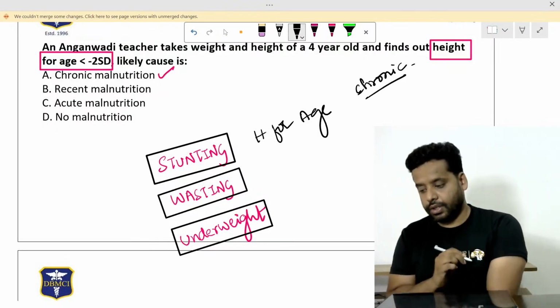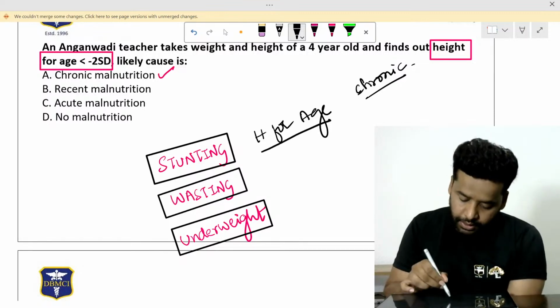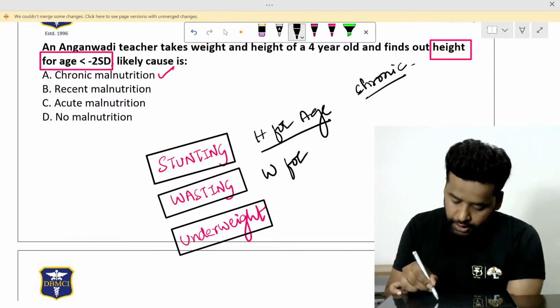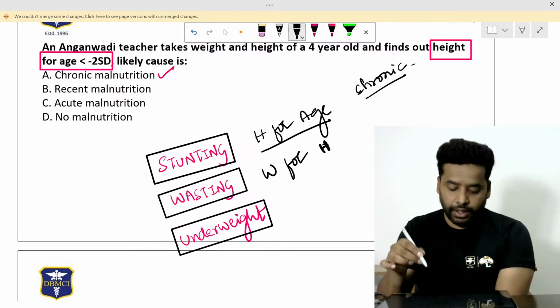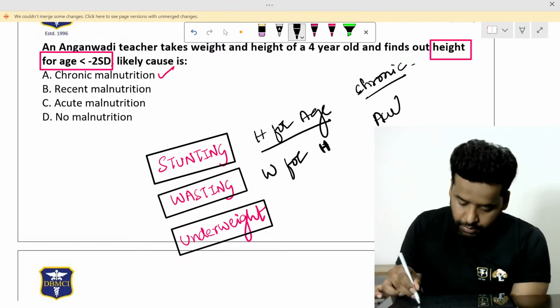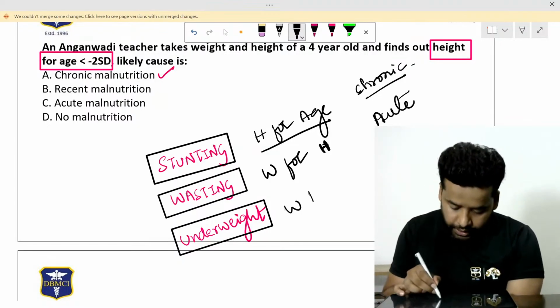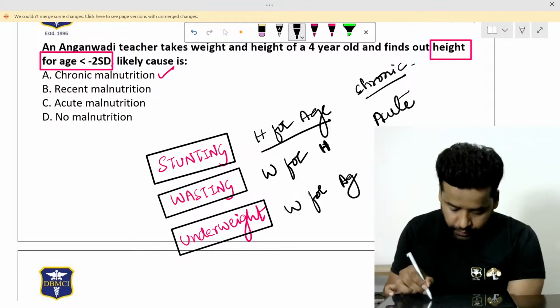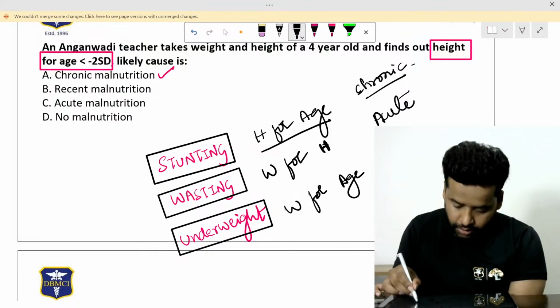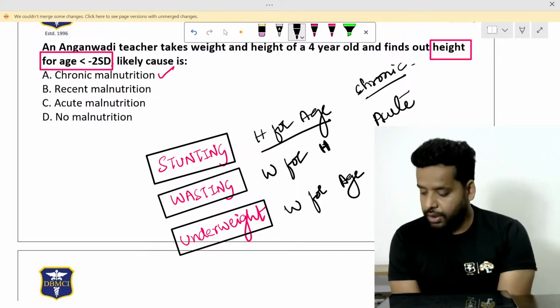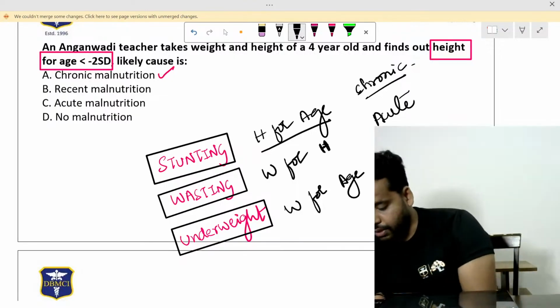What is wasting? Weight for height, indicating acute malnutrition. Underweight is weight for age, indicating both acute and chronic malnutrition.